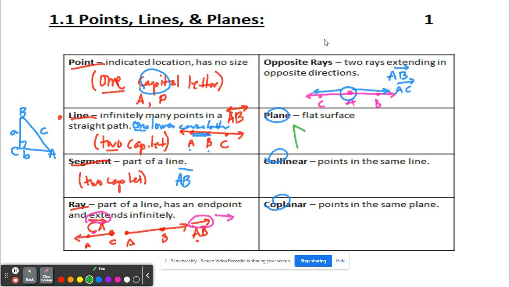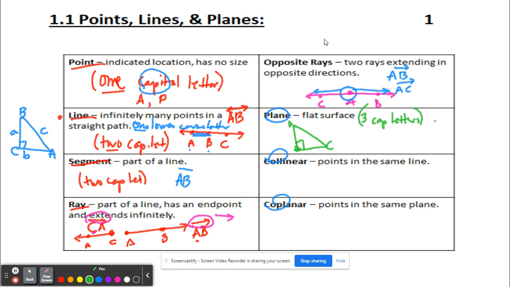Anytime you did shapes in elementary school, triangles, pentagons, those are all planes. The smallest closed shape is a triangle, and that has 3 points to it. That's why all planes have to have 3 capital letters. You can have more, but you have to have 3.